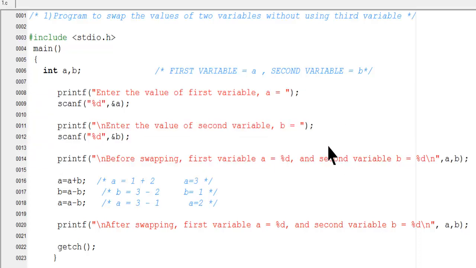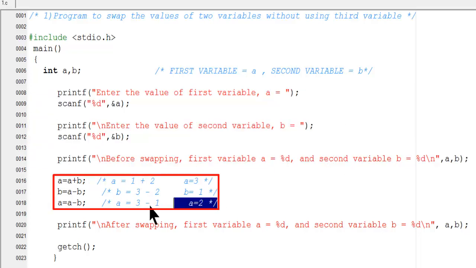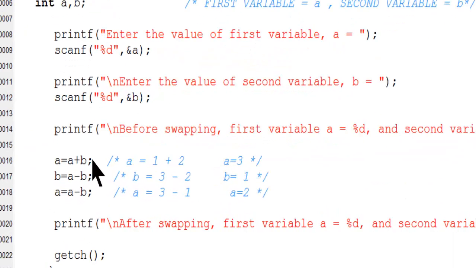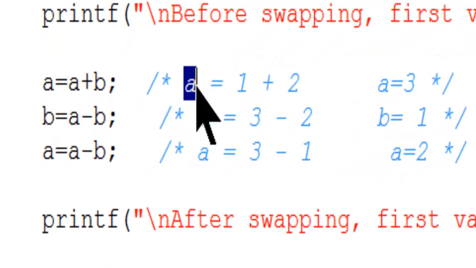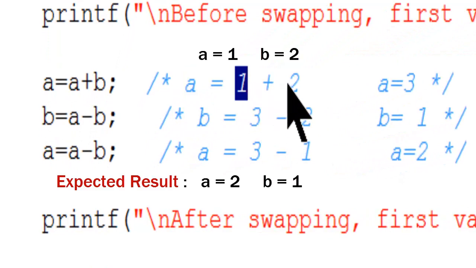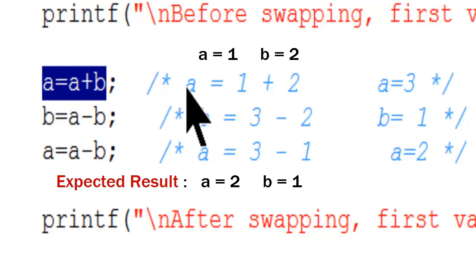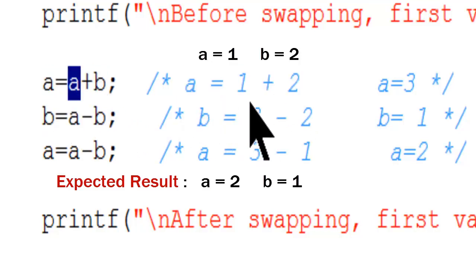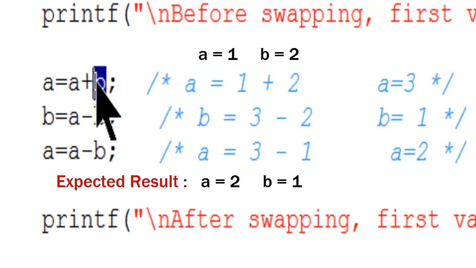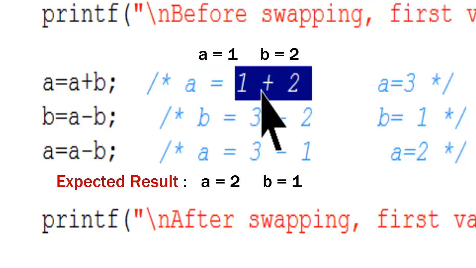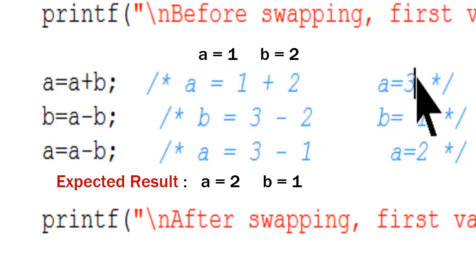Our program is not yet finished. This is the heart of your program, where the calculation part is. Now let's see how simple it is. Our two numbers are 1 and 2, or A value is 1, B value is 2. I have just substituted in this equation where A is 1 and B is 2, and the sum of 1 and 2 gives me 3.